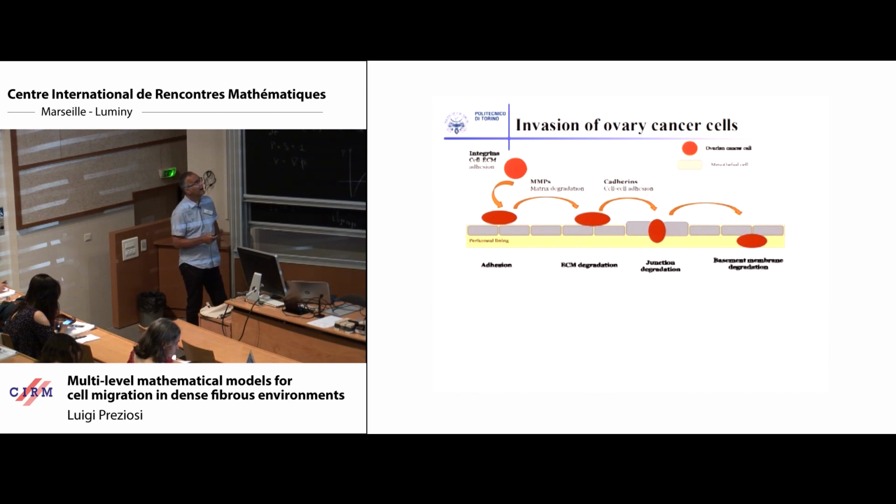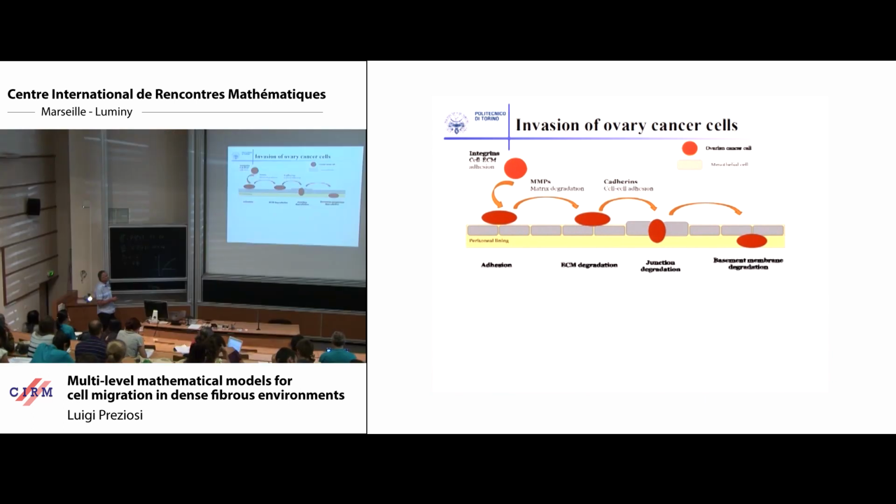So the first thing that they have to do is to degrade this thin layer with metalloproteinases. Then the cells are left without any protection, but they are still attached. Through cadherin junctions, they are very stiff.